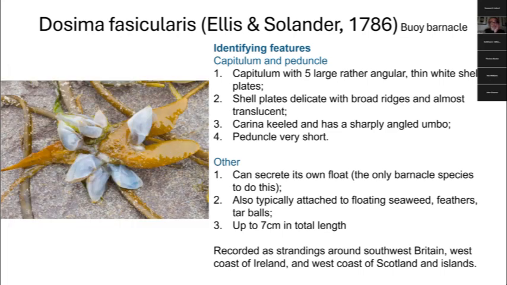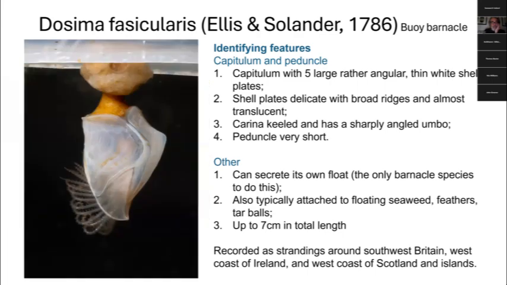These are photos taken by Lynn, so I guess they must have come up on the shore near her. And here's just a lovely photo, which clearly shows all the identification features you'd actually need to see, I think. But this is the very sharply angled umbo that I was talking about. The peduncle is very short.